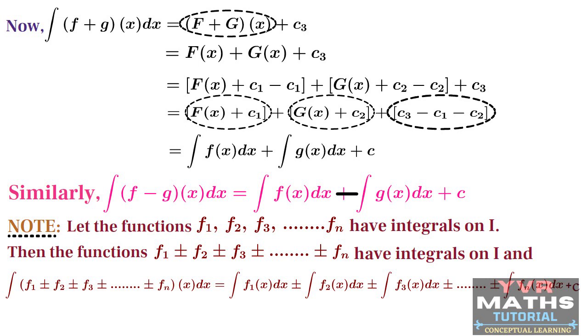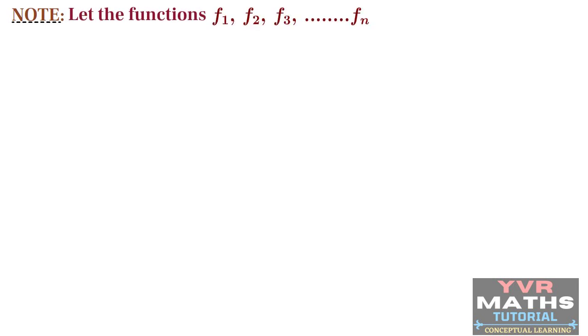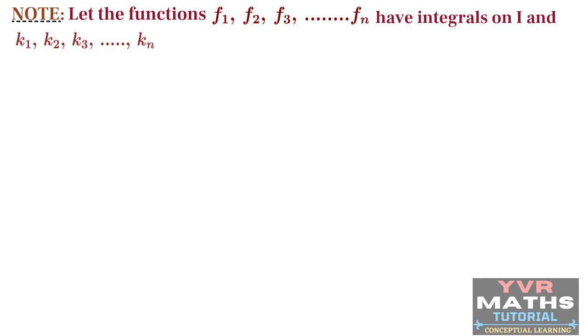By using property 2 and property 3, this note point can be expressed in another form. Observe this note point. Let the functions f1, f2, f3 and so on up to fn have integrals on I and k1, k2, k3 up to kn be real constants.